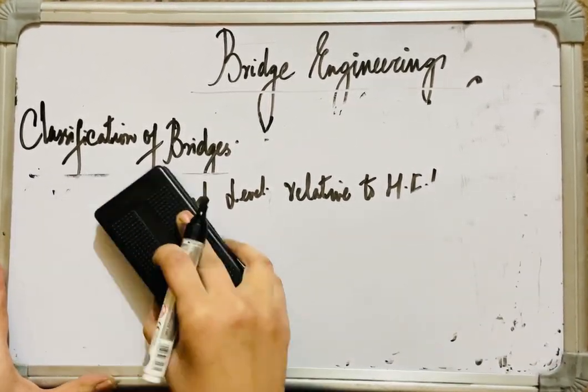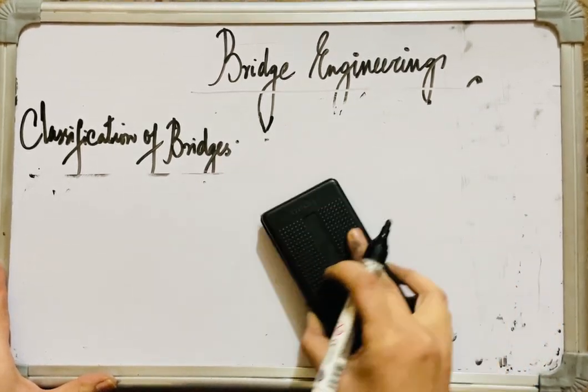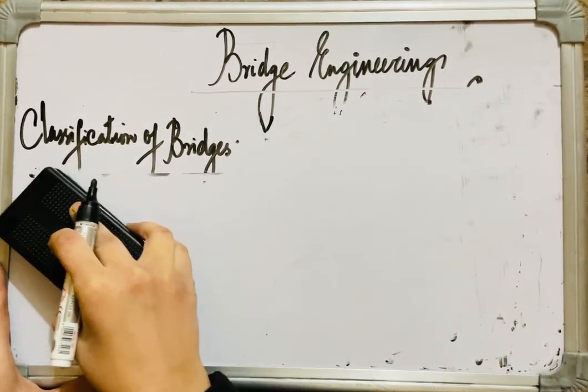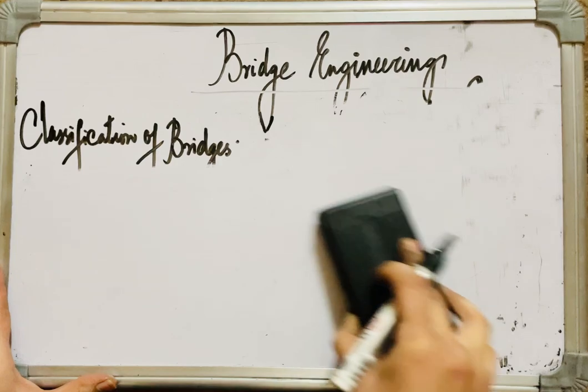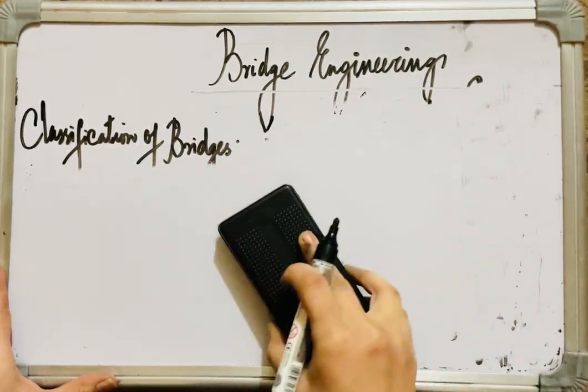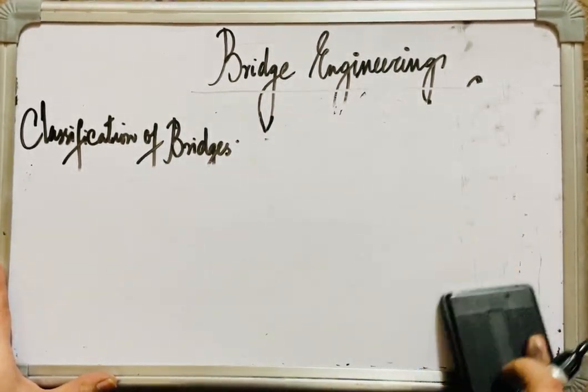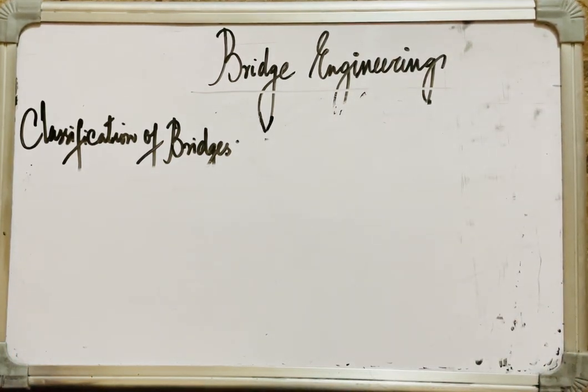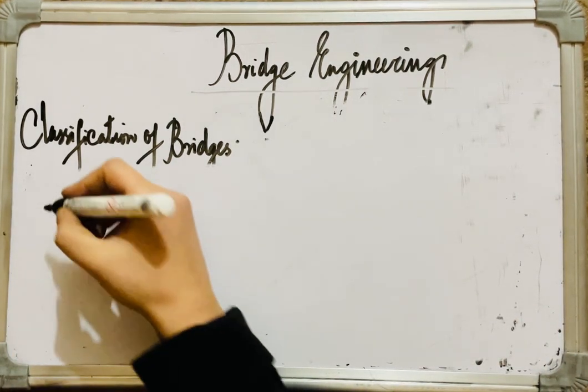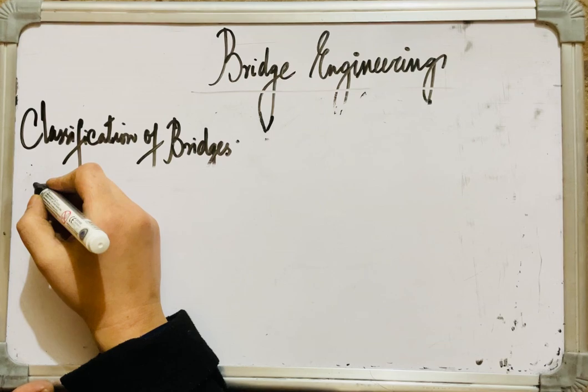So this was according to the road level related to the HFL, wherein we have to see whether our bridge will get submerged during floods or will remain high above the HFL of that particular river.